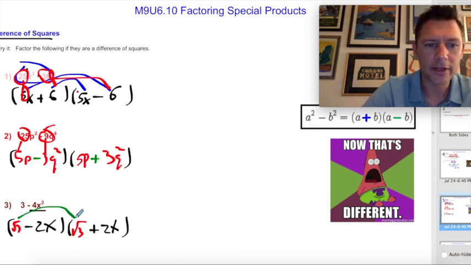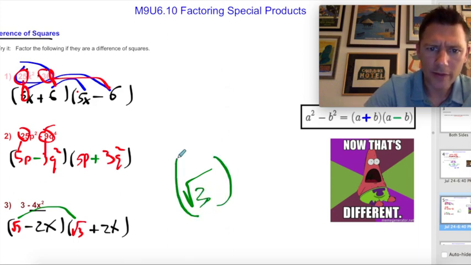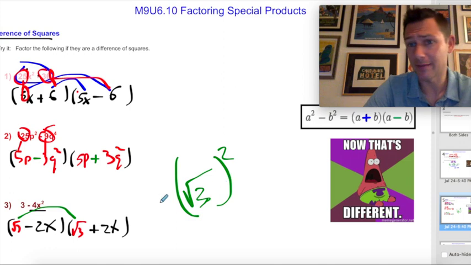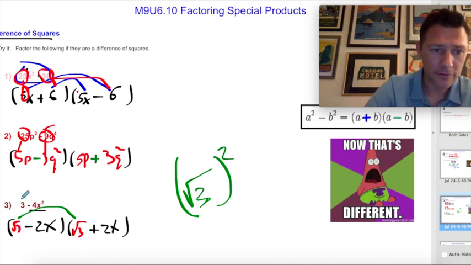When these multiply together, root 3 times root 3, you get root 3 squared, it's root 3 times itself, which is root 9, which is 3. So this gives you this 3 back. This gives you negative 4x squared back.